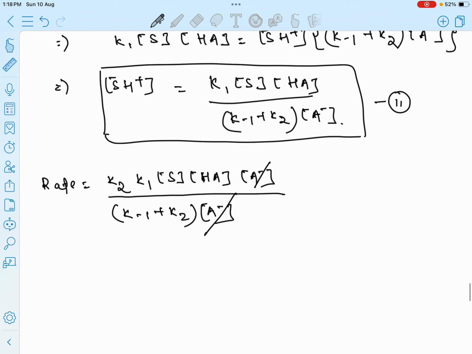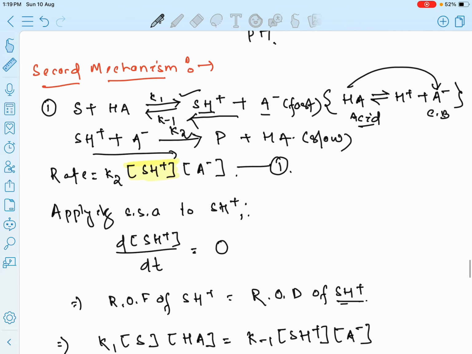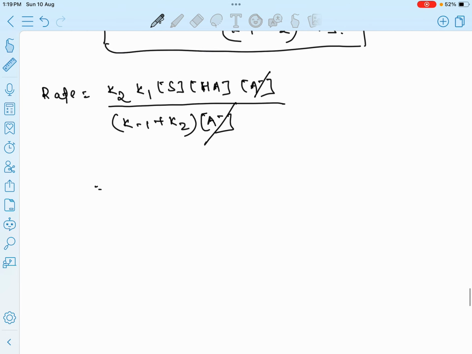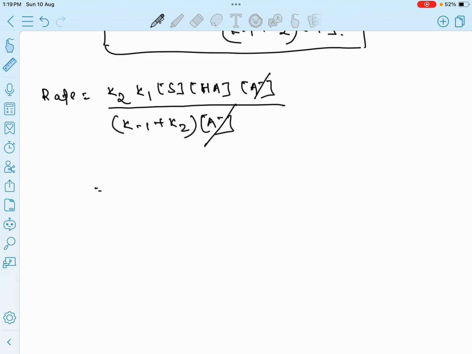Cancelling this A minus concentration in numerator and denominator, we get back to the equation: K1 K2 into concentration of substrate into concentration of HA divided by K minus 1 and K2.